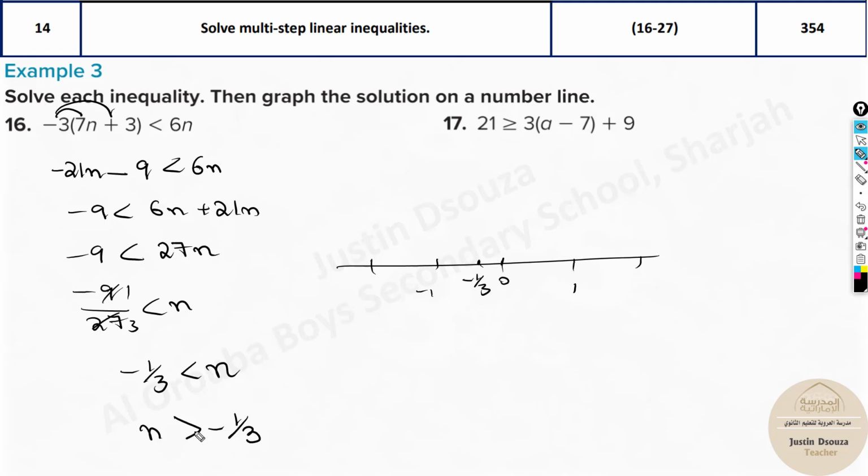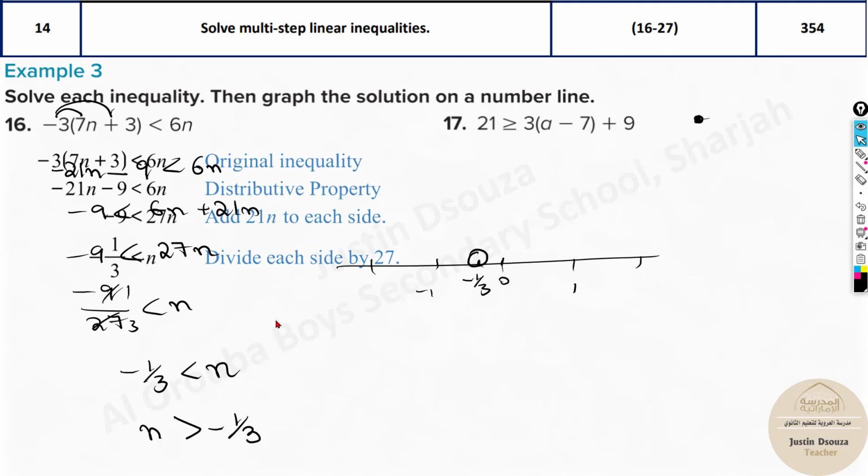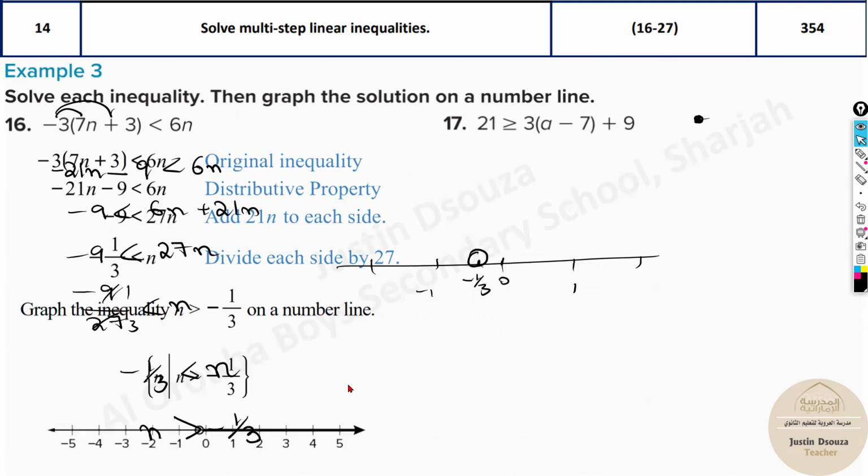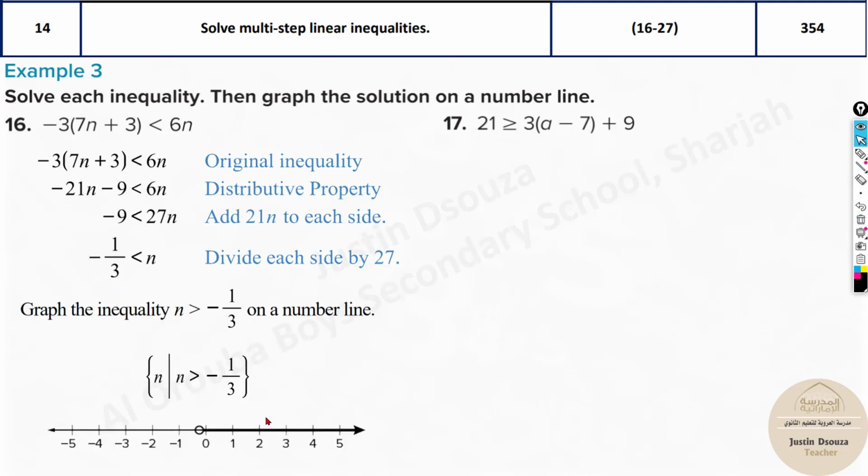Now here, since it's just greater than, there will be a hole over here. Whereas over here, if you solve this, whatever answer we get, we have to make it as a point. That is also important to differentiate. Now here you can see the answer is negative 1/3. When you do it on the number line, look here. It's a hole. Oh, I forgot to tell you one more thing.